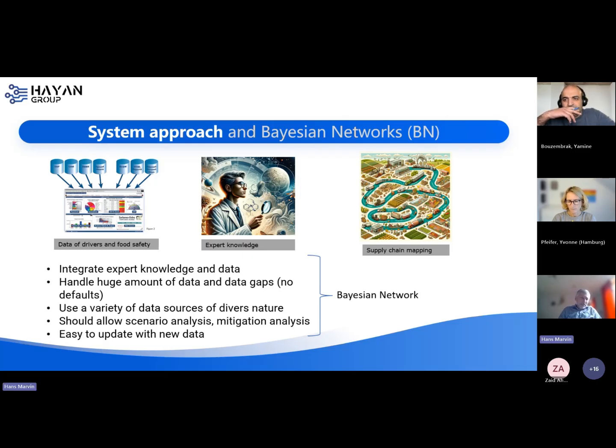Since so many actors are generating data all the time, you don't want a static model. You want a model that can easily be updated with new data. Testing a lot of AI models and approaches, Bayesian network came out as the approach that can deal with these requirements mentioned here.